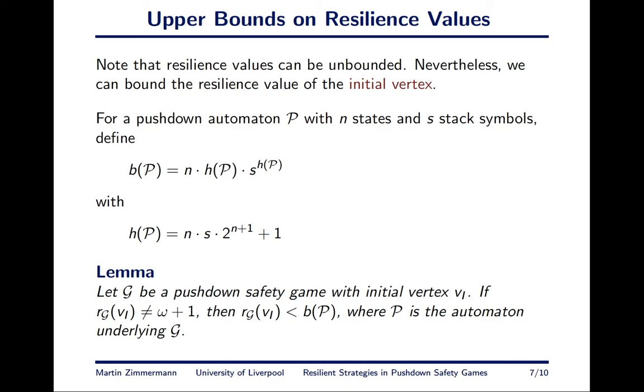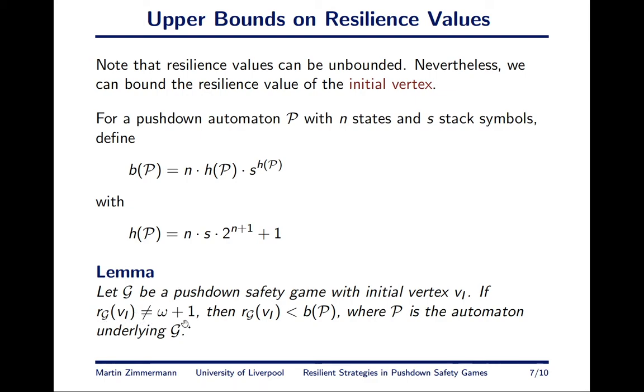You can show that the initial vertex can only have a bounded resilience value if it is finite. So here is the exact bound. I don't want to go into too many details how you derive that. Please have a look at the paper if you're interested. You have to combine quite a few techniques to get this bound. But what we obtain in the end is the following lemma.